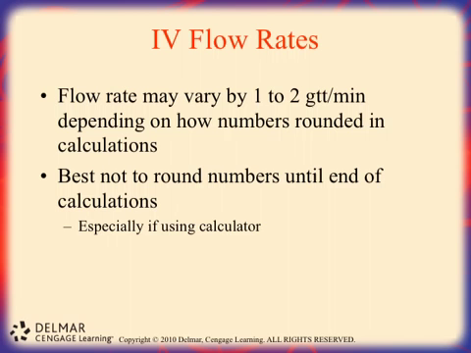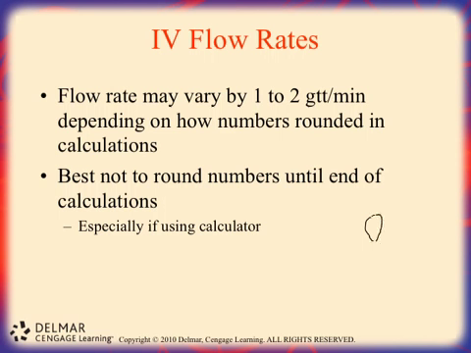When you're calculating IV flow rates, they may vary 1 to 2 drops per minute depending on how you round. Wait until the end of the calculation before you round. You will have to round up or down because here is a drop.